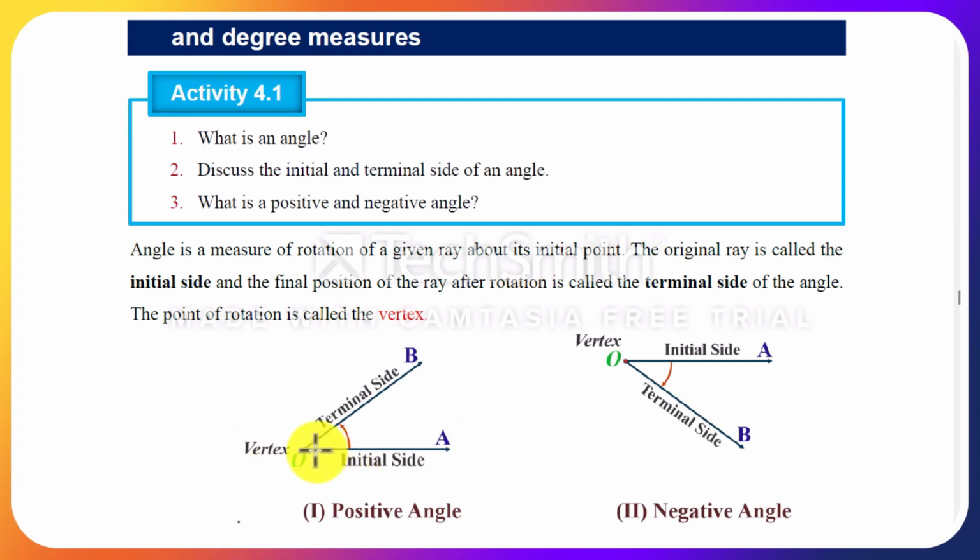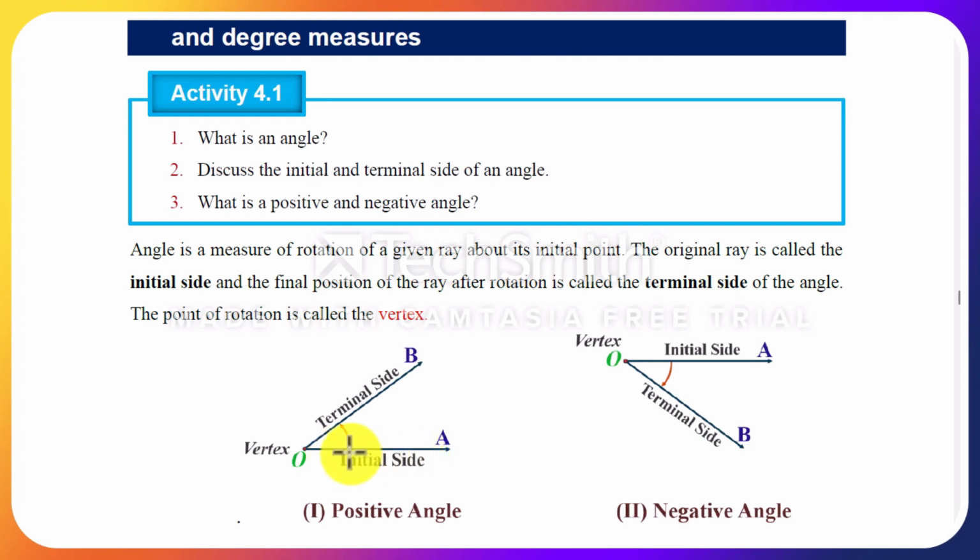Therefore, if we rotate this ray OA in the direction as it is indicated here, from here to here, the original ray before rotation is called the initial ray.